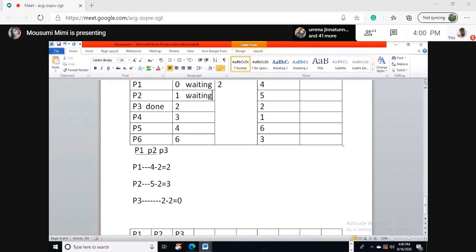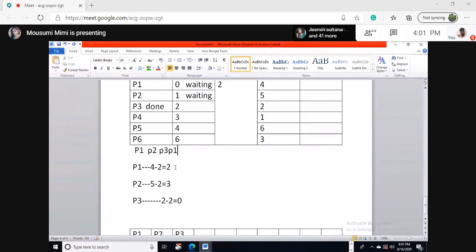These two are waiting and these two are newly come. So that's why I again go to my process 1, because process 1 and process 2 are waiting, and the earliest coming process is my process 1, not my process 2.